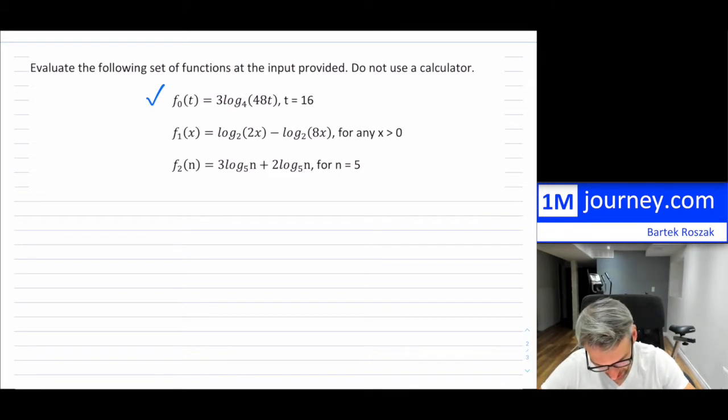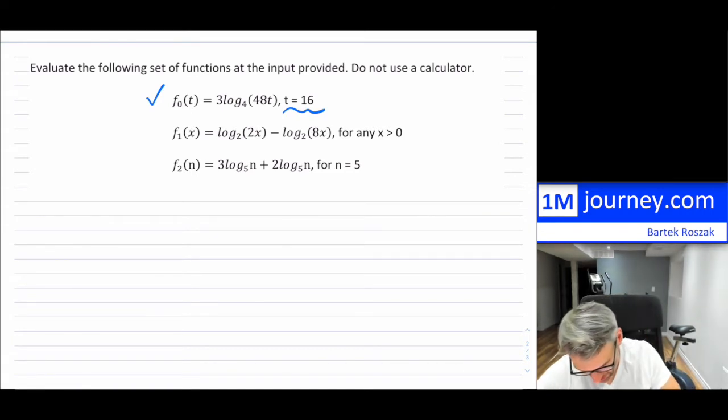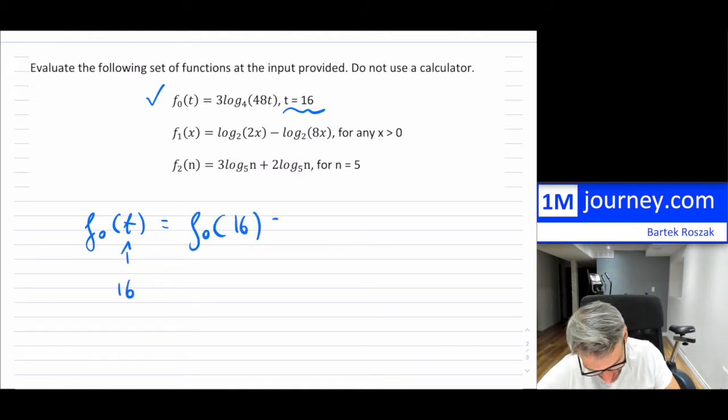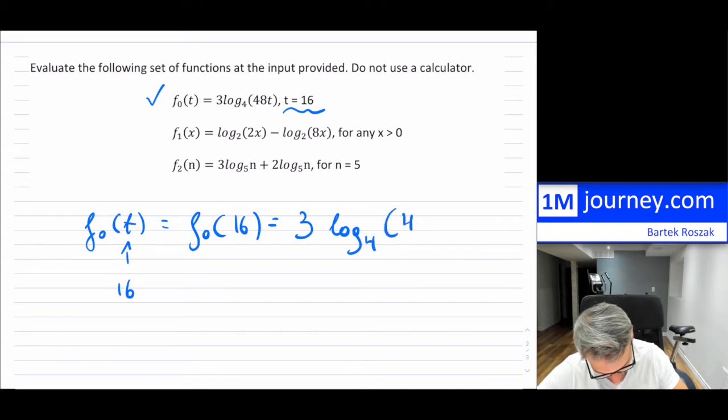The input itself is t, so probably t for time. So we're going to substitute 16 into this. So this is f of t, well, that's just f of 0 there because I have 0, 1, 2 for the functions. And we're substituting in here 16. So if we do that, we get 3 log base 4 of 48 times 16.